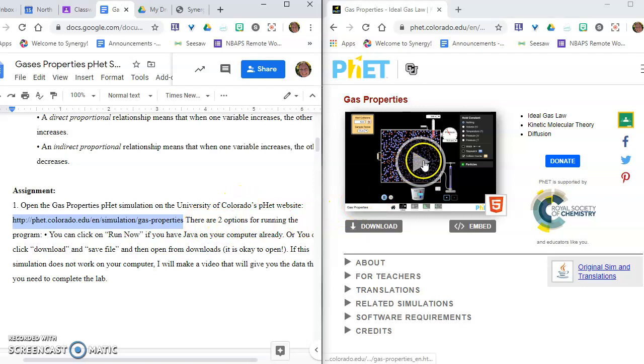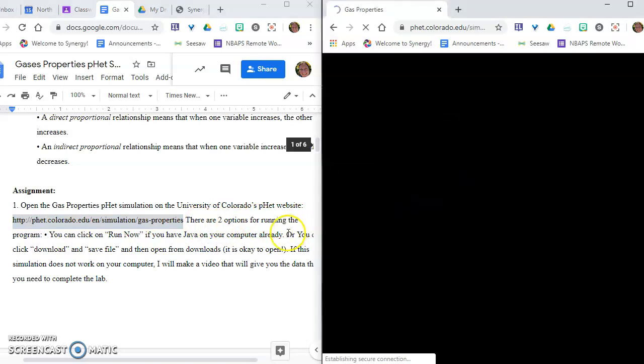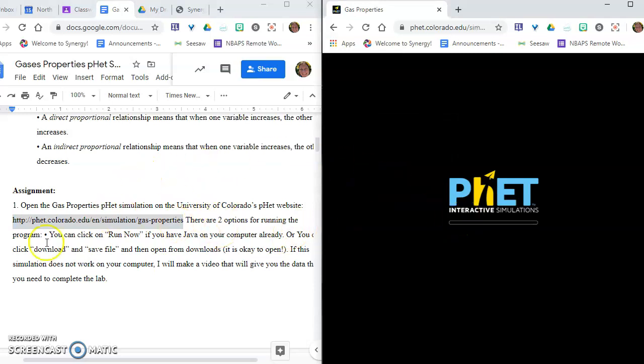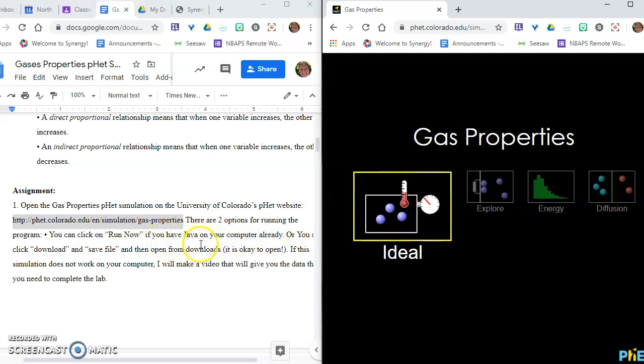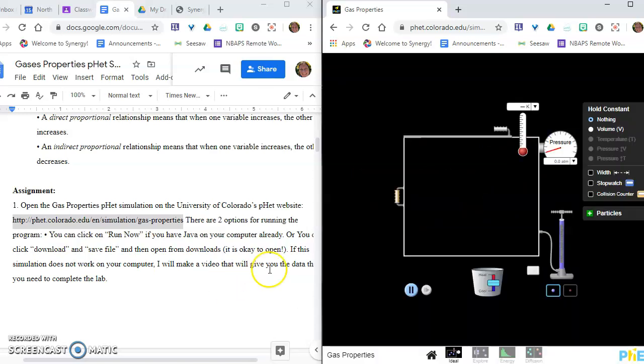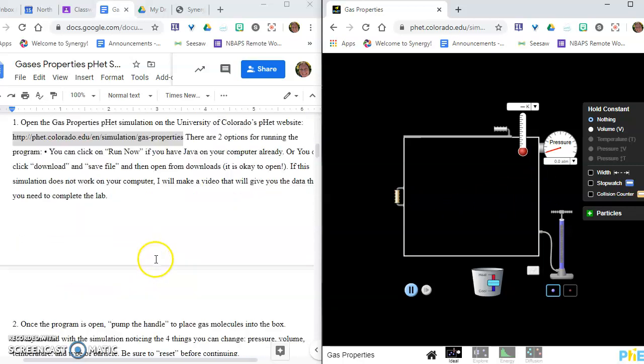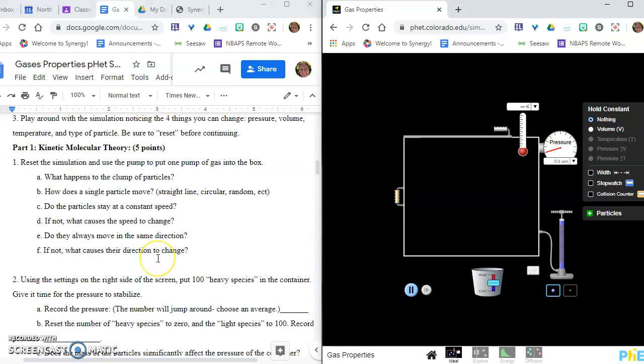I'm not sure if you're able to do that on your Chromebooks or not. You can also just hit the play, but you need to have Java on your computer. Okay, so it gives you, I'm going to scroll down.